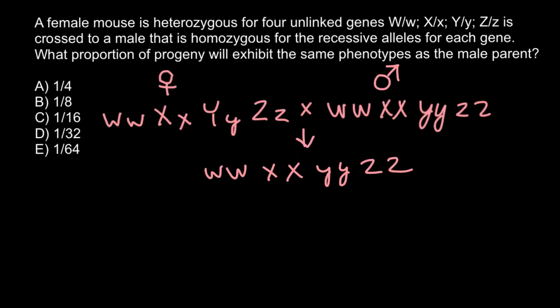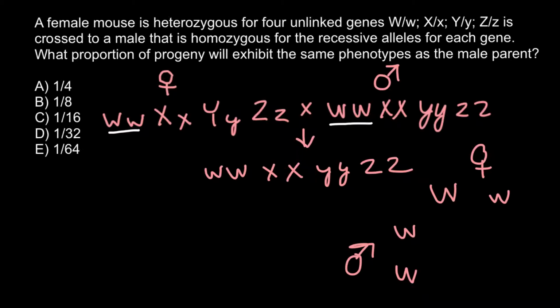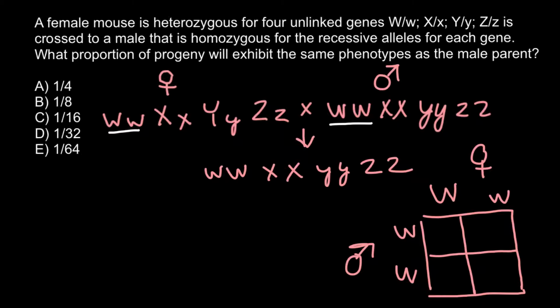We just have to consider each allelic pair as a separate entity. For example, if we build a simple Punnett square, we would see the probability for the gene W. On top is the female side and the male side is here, and when we build a Punnett square, we can see the probability for this particular locus.